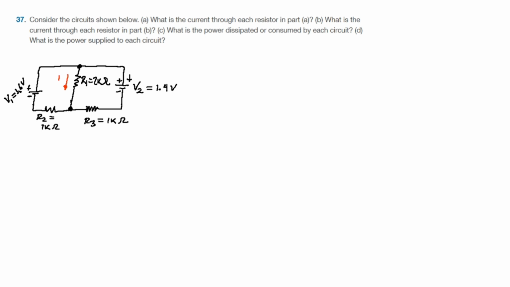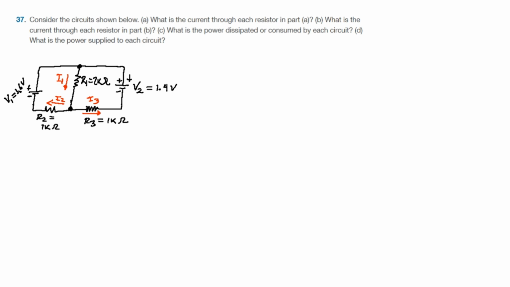I will be assuming that it's in this direction. Why? Because based on the polarity of this battery and the polarity of this other battery, the current in both needs to be flowing like this. Now, I will have another current here that I will call I sub 3 that passes through resistor 3. And I will have another current here that I will call I sub 2 and passes through resistor 2.